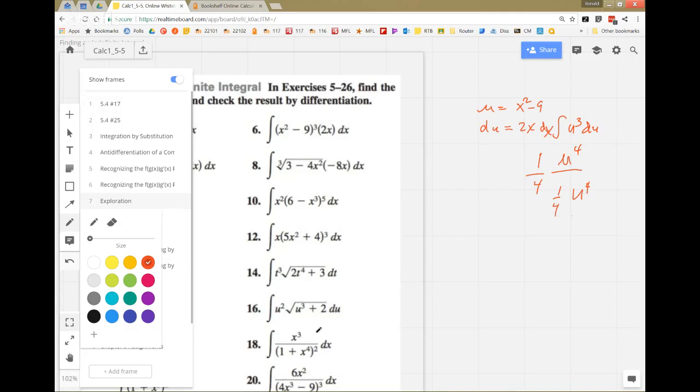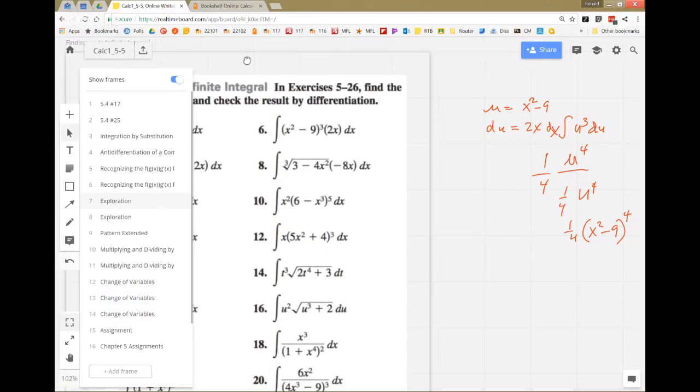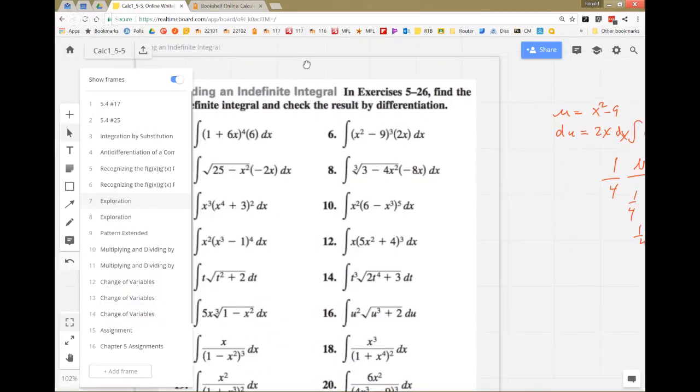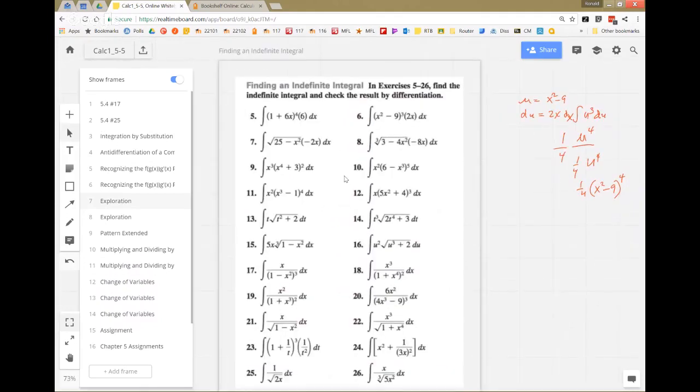But in terms of x, now just plug your original back in, 1/4 times x squared minus 9, which is your u, to the 4th power. So we're just getting used to this. Let's see where you take it in one day. We will spend a second day on this tomorrow.